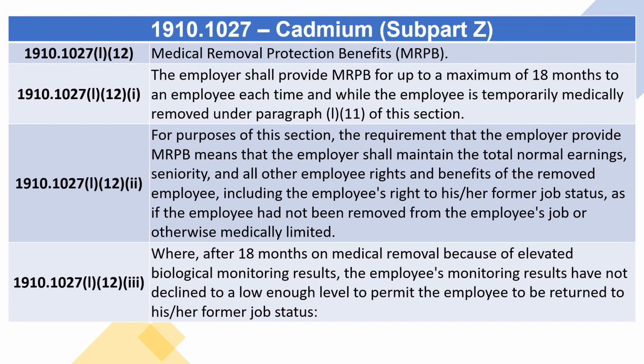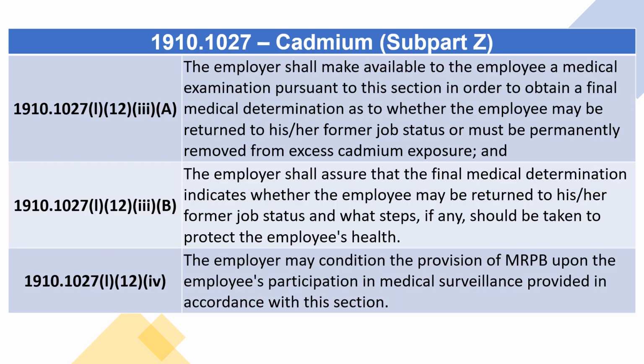1910.1027 (l)(12)(iii): where, after 18 months on medical removal because of elevated biological monitoring results, the employee's monitoring results have not declined to a low enough level to permit the employee to be returned to his/her former job status: (A) The employer shall make available to the employee a medical examination pursuant to this section in order to obtain a final medical determination as to whether the employee may be returned to his/her former job status or must be permanently removed from excess cadmium exposure.